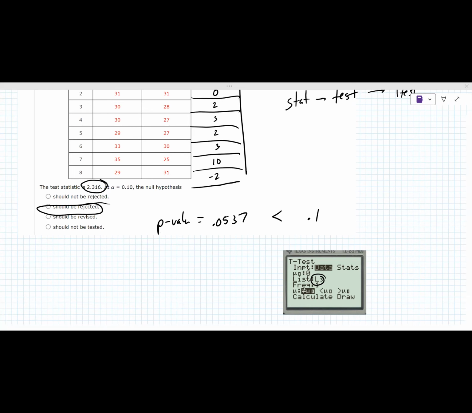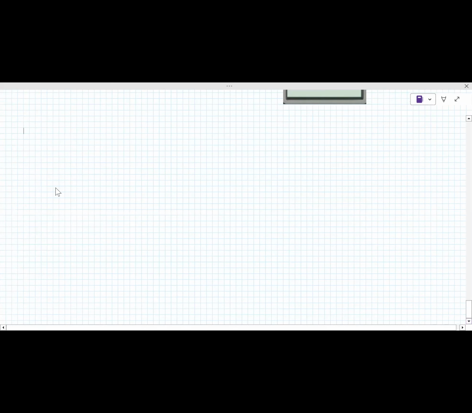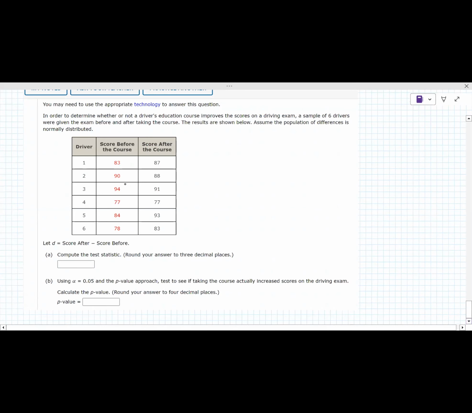That's cool. All right, so new problem here, number 20. Rinse and repeat. You're going to put this either in L1 and L2 and then calculate L3, or you just calculate the difference.